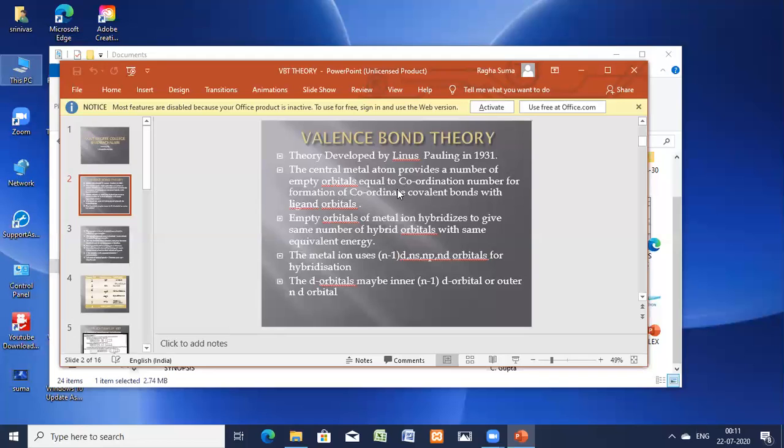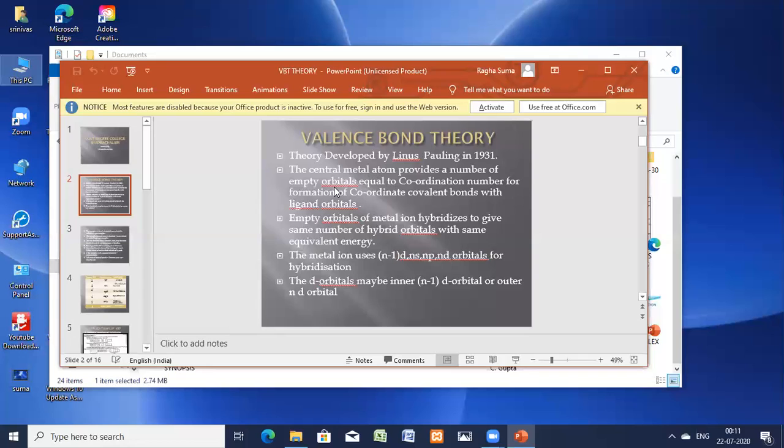A bond comprises 2 electrons, holding 2 atoms together. For a bond, it requires 2 electrons. Those 2 electrons will be provided by the ligand, and the metal's contribution is 0. Complete contribution of the electrons is by the ligand.